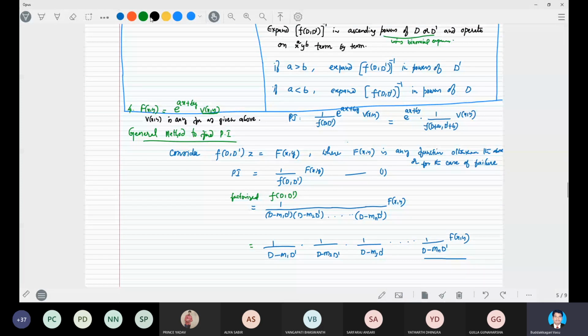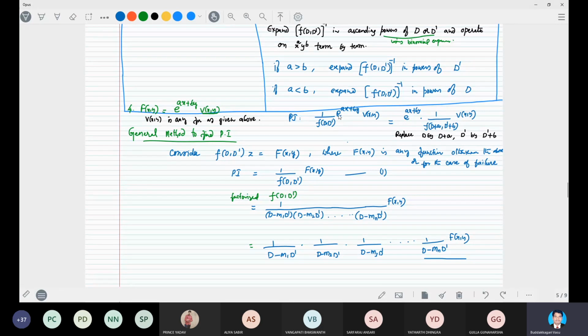That is, replace D by D plus a, D dash by D dash plus b. Okay. So no need to operate on this e power ax plus by again.